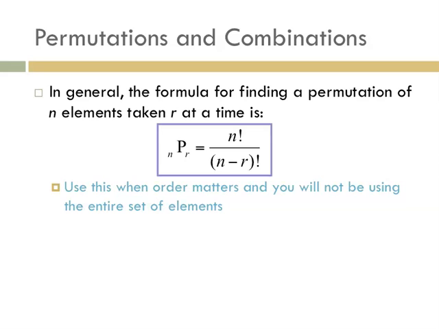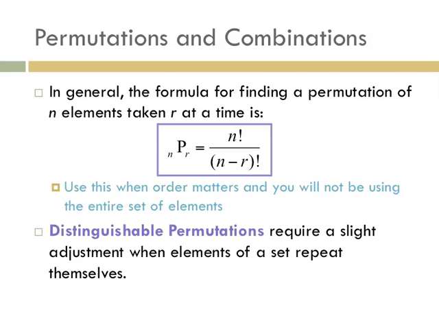Okay, now there is one slight adjustment when you have what we call distinguishable permutations. Distinguishable permutations require a slight adjustment when elements of a set repeat themselves. So when we talk about distinguishable permutations, we're probably not talking about a race of some sort. Maybe you're lining up a set of books on a bookshelf and you have 2 of the same book, and those 2 books are not distinguishable.